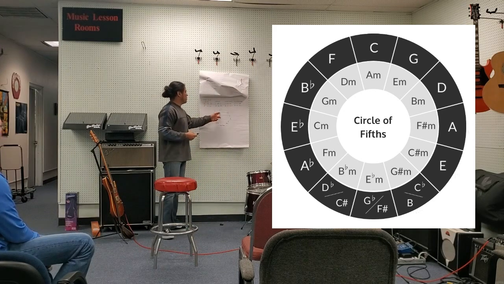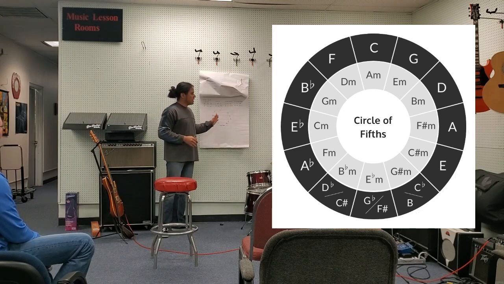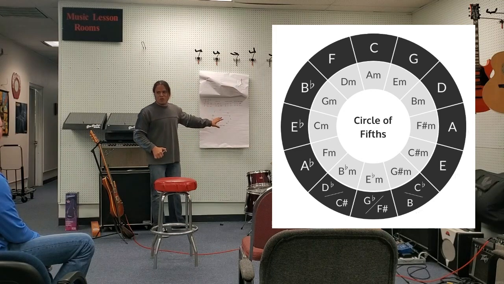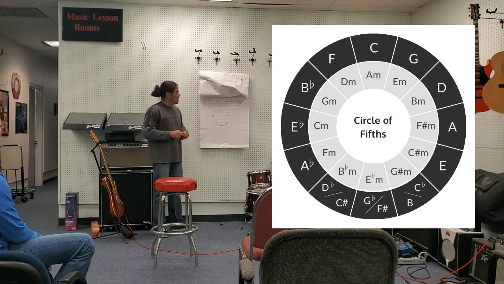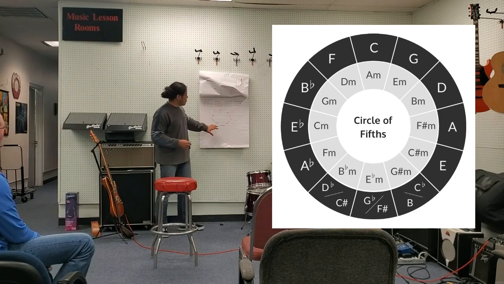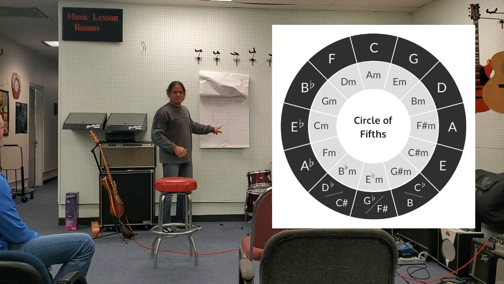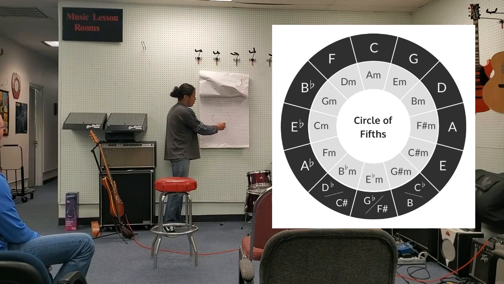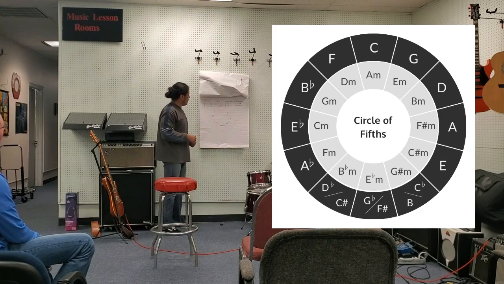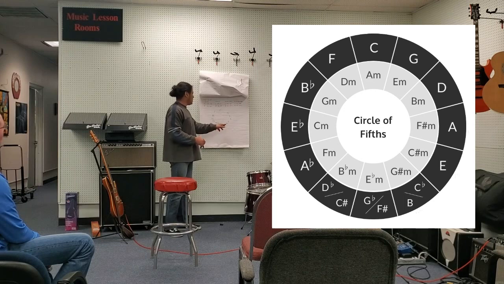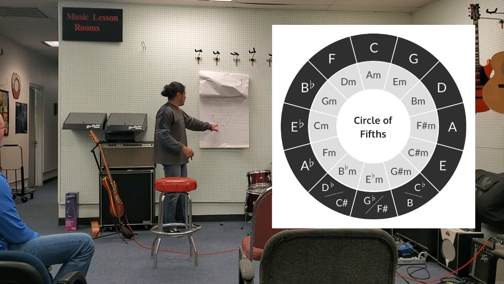What you're seeing here is a representation of what I just said. So this is all of the possible keys with the sharp keys on this side and the flat keys on this side, except, you know, where they overlap, right? So me personally, I don't really think in terms of C flat and C sharp.